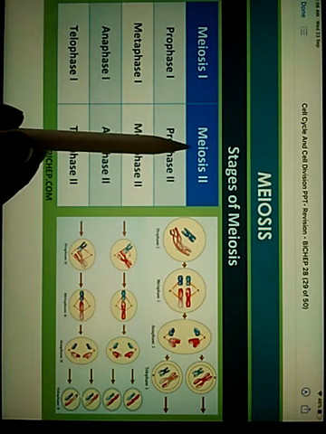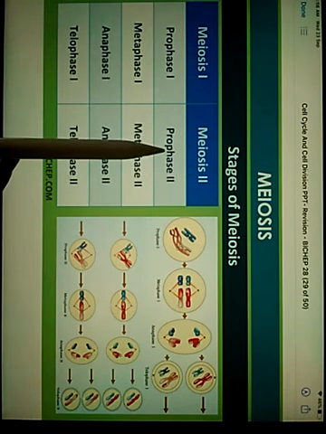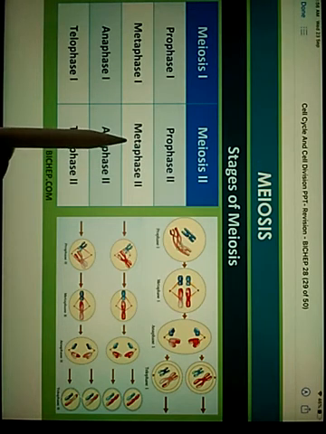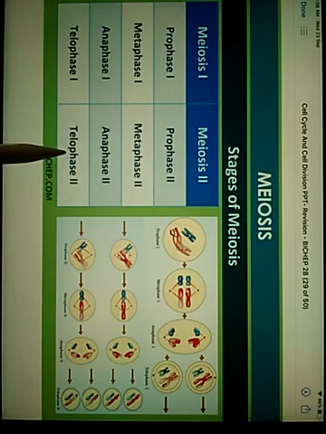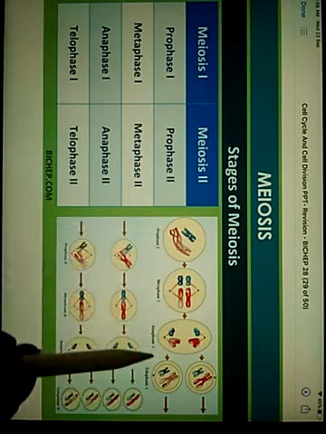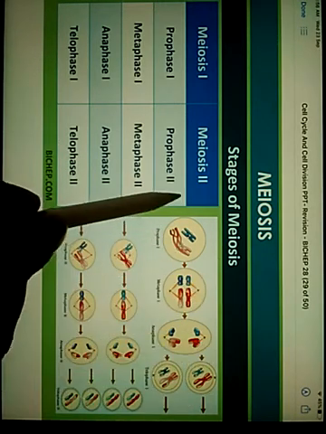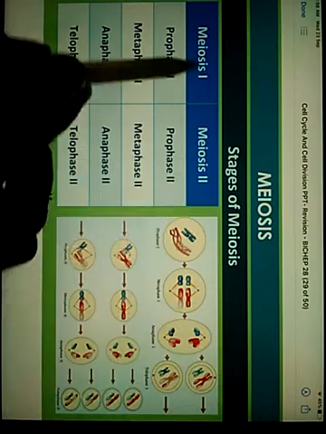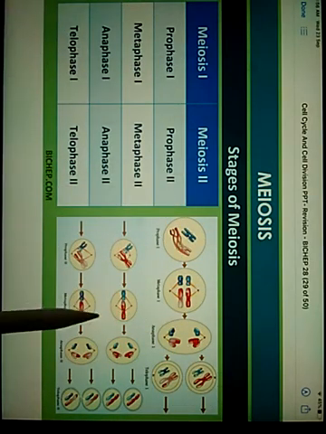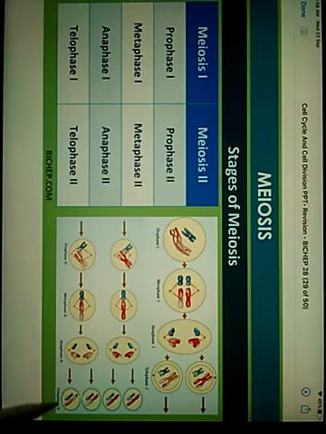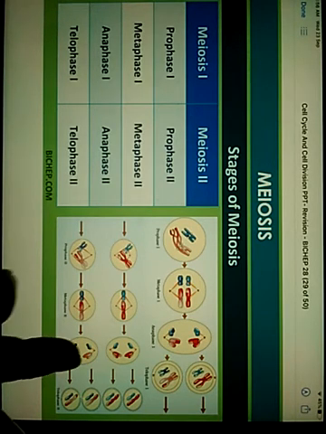The second division is meiosis 2, which shows prophase 2, metaphase 2, anaphase 2 and telophase 2. In this diagram, the upper portion is showing the meiosis 1 process and the lower diagram is showing meiosis 2. That was our last discussion about various stages of meiosis.